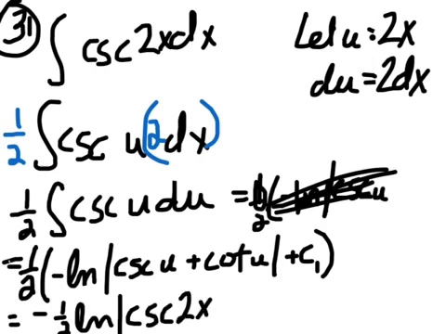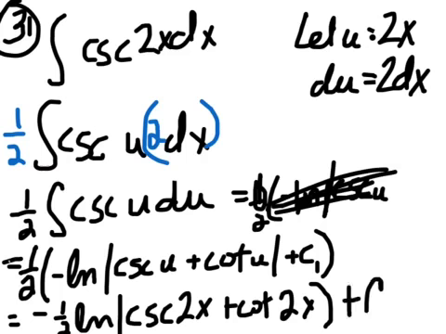So cosecant 2x plus cotangent 2x, and then we're just going to absorb the 1/2 C1 and call it C. And we have to make sure we don't get a negative log. So remember, we've still got these absolute value signs here that I'm darkening a little bit. I should have had one here, and I'll put a parenthesis sign. These should be the absolute value signs that you see me darkening here, because we can't take the log of a negative number.